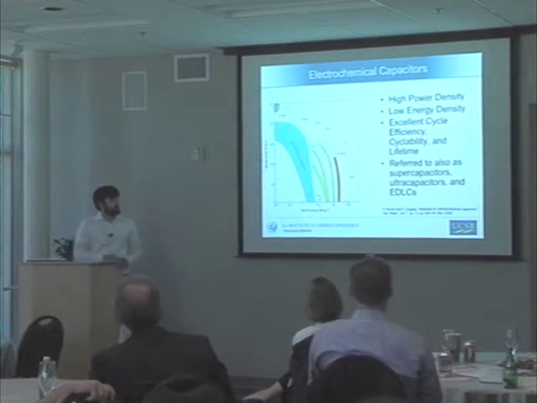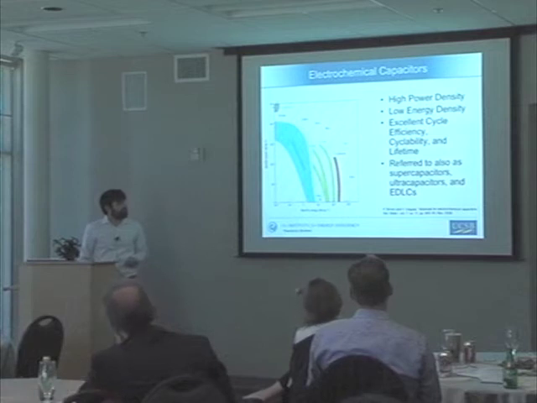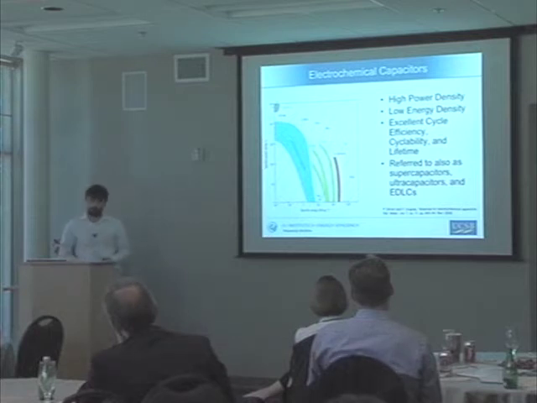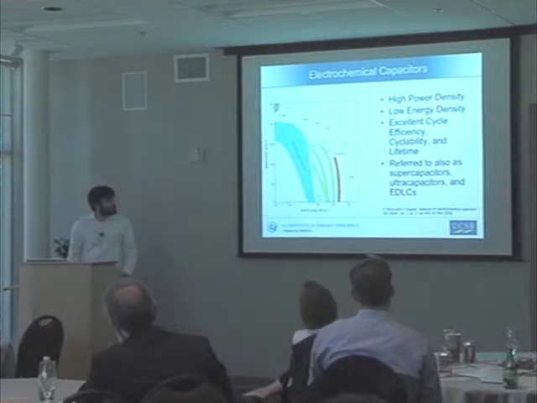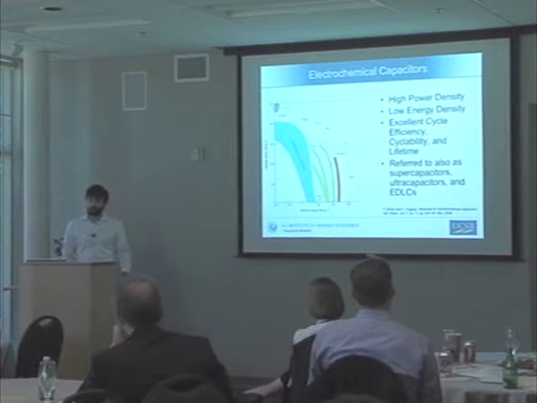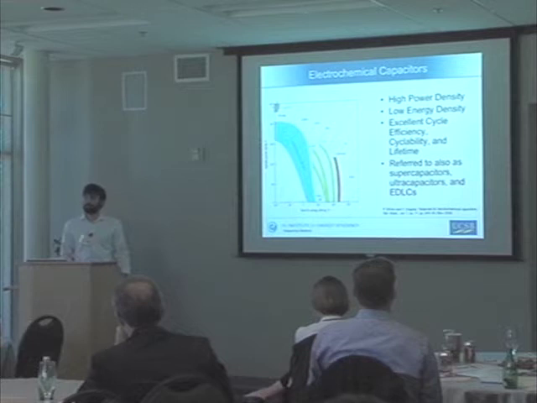Additionally, these supercapacitors, which you'll also see called ultracapacitors and EDLCs, can cycle tens of thousands to millions of times. Their life cycles are very long because they don't have expansion and contraction of the electrodes that you get in a battery, so they're very stable. They will also likely have an increasingly important role in grid energy storage. As renewables increase fluctuations in the grid, this will help deal with those fluctuations.